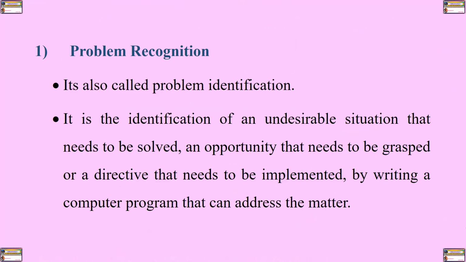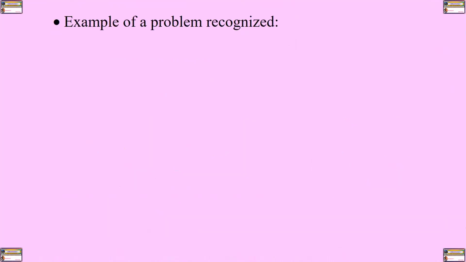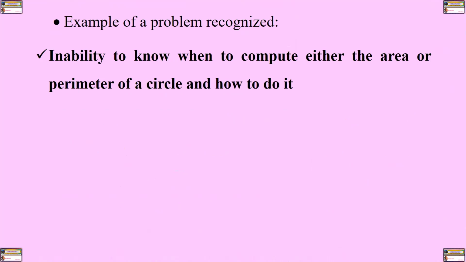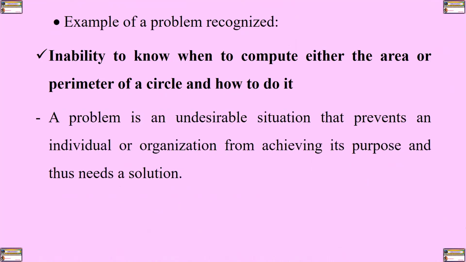It is the identification of an undesirable situation that needs to be solved, an opportunity that needs to be grasped, or a directive that needs to be implemented by writing a computer program that can address the matter. An example of a problem recognized is the inability by learners to know when to compute either the area or the perimeter of a circle and how to do it.